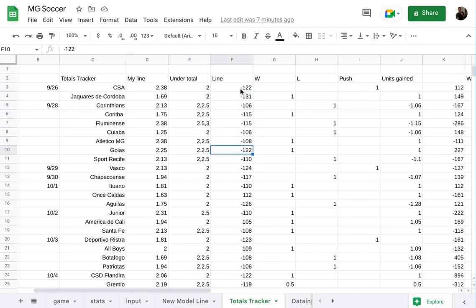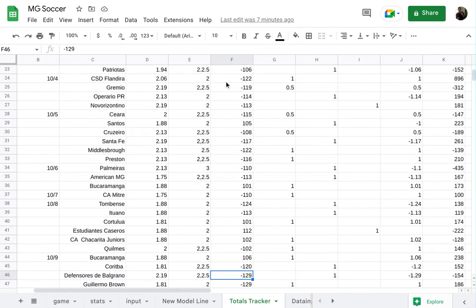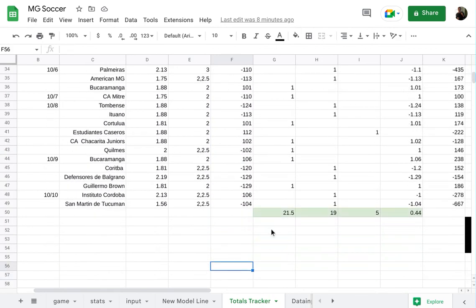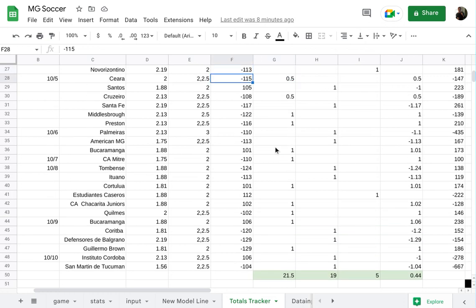Okay. So we started this on 9/26, and we've got a pretty good sample of about, scroll down here to the bottom, 40 games. And you can see we had 21.5 wins. You said, well, how do you get a half win? Because this match didn't go over, so it landed on a 2. So we pushed on the 2, but won the under on the 2.5.